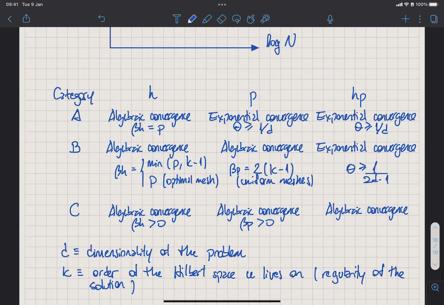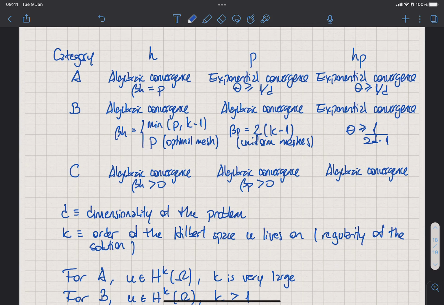And you see it in this table, right? There are some problems when you have singularity that are going to be dictated by this expression. So for those problems, the convergence rate is actually telling you what is the order of the Hilbert space the solution is on. Of course, there is a lot of theory behind this, and there are exact solutions for many different types of problems.